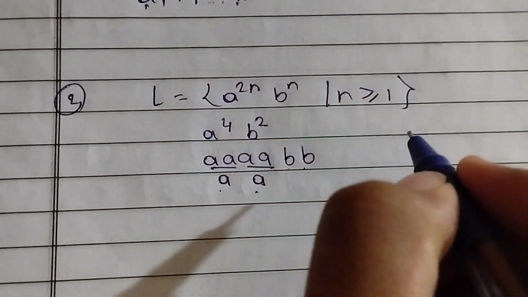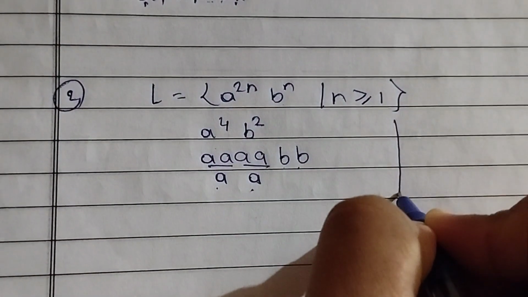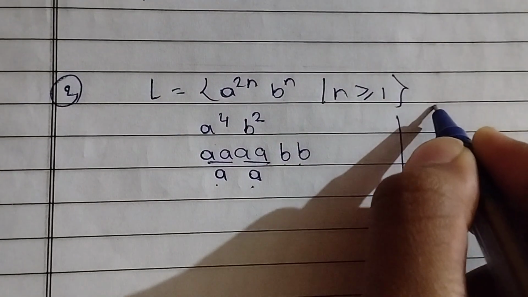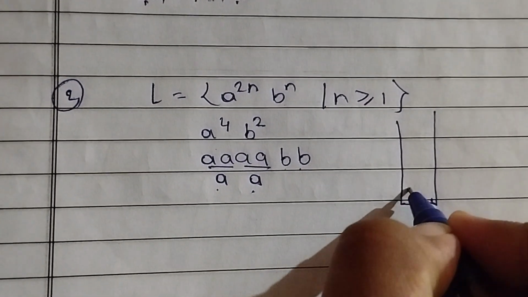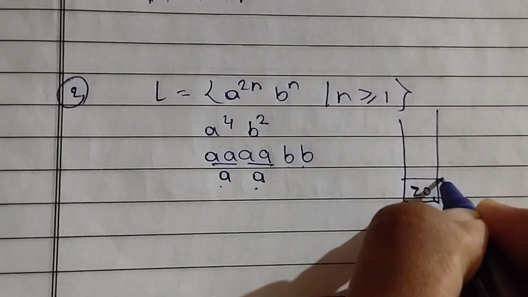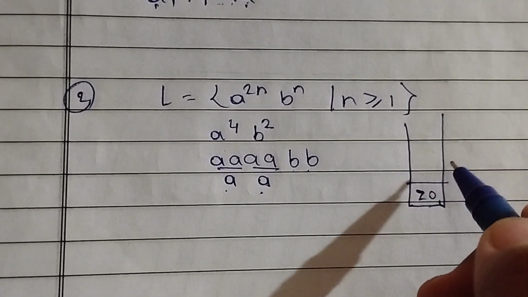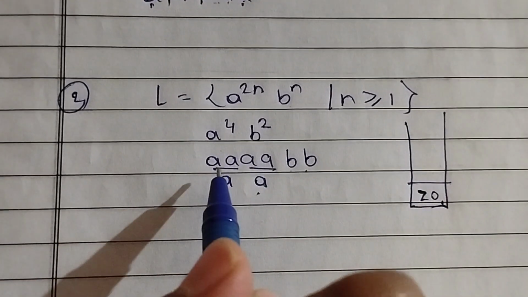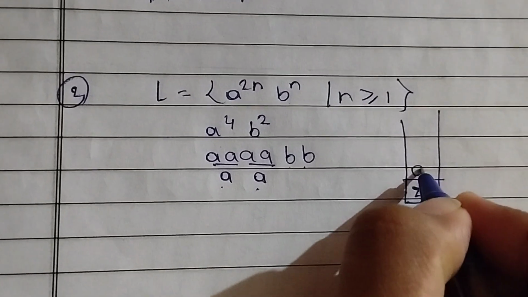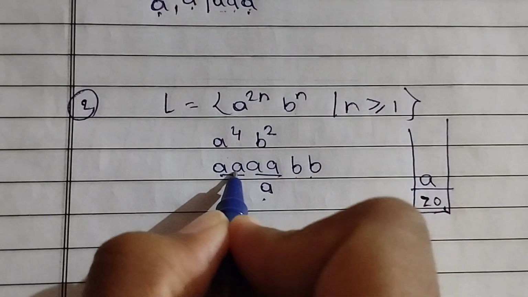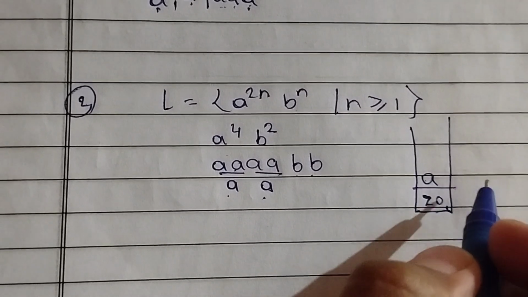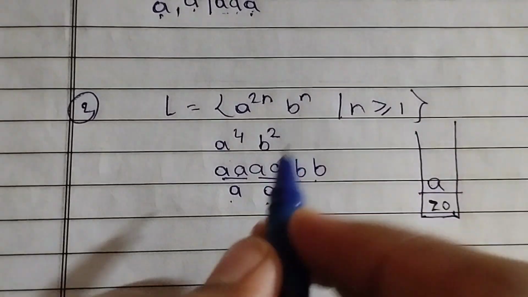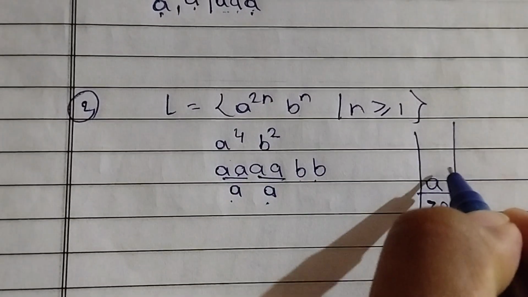Now we draw the stack first. I think there is no need to show anything, you get the clear idea about this, and if not then I will tell you. First we read a, we push this a. Then we read the second a, that time we keep the stack as it is, we do nothing. Again the third a comes, we push.